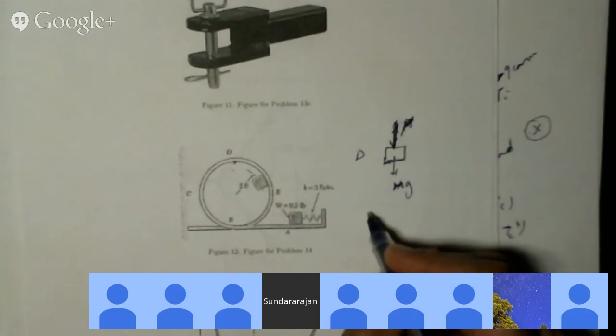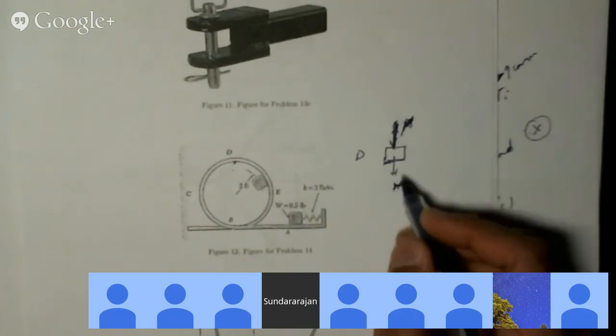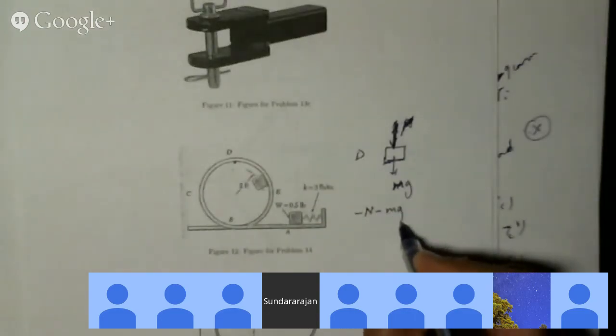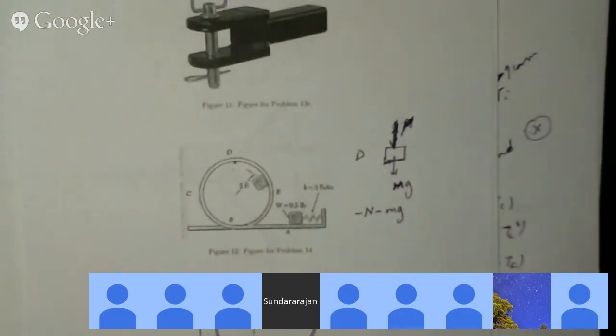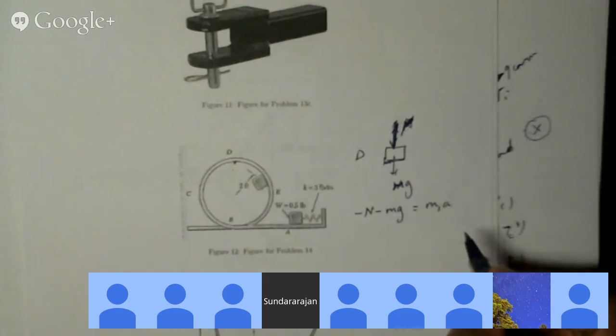Oh no, it would have acceleration, so m1a. So tell me the equation. It would be minus W minus Fn, the normal force, equals minus m1a. And what is a? Acceleration. Yeah, and what is it?